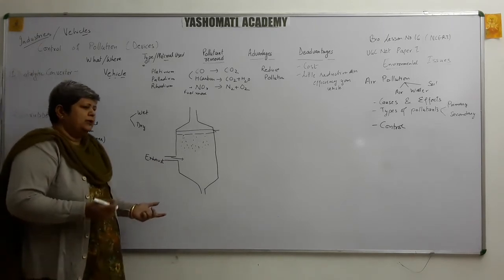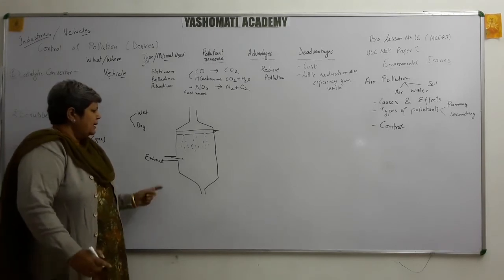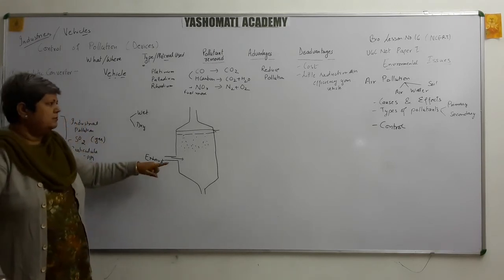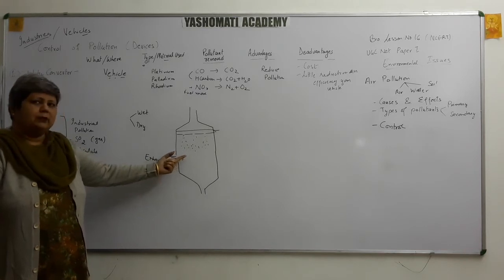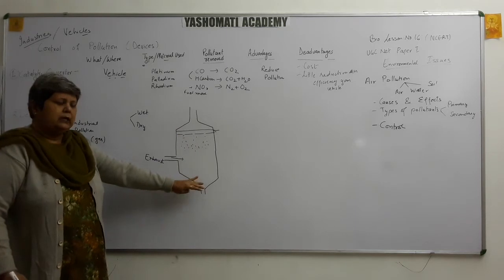We commonly know that when we spray water on dust, it gets heavy and settles down. The exhaust may also contain some gases which are soluble in water. Those soluble gases will also get dissolved and settle down.